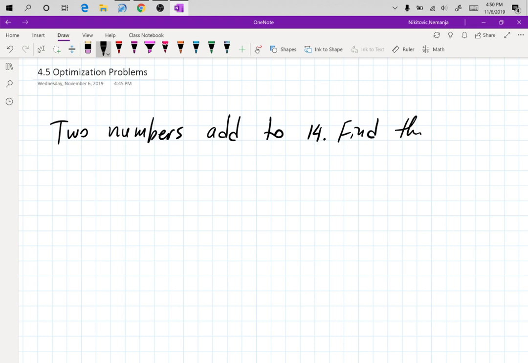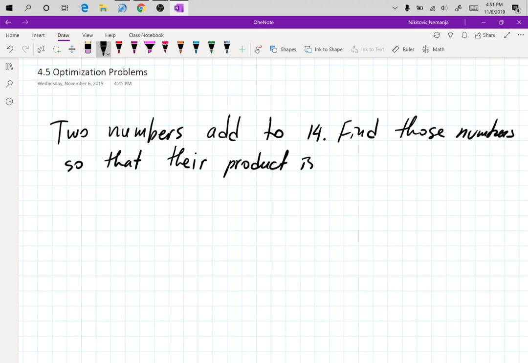Find those numbers so that their product is maximum.